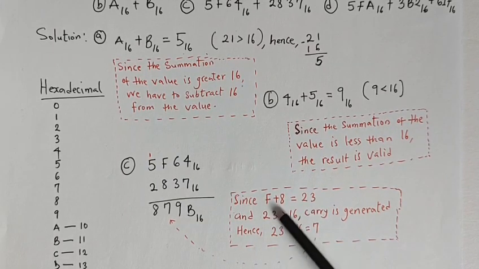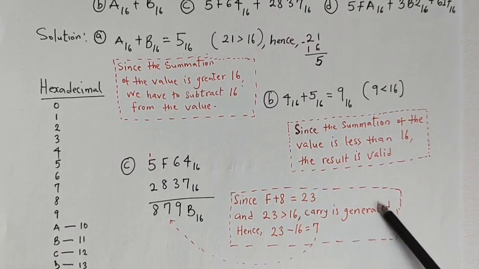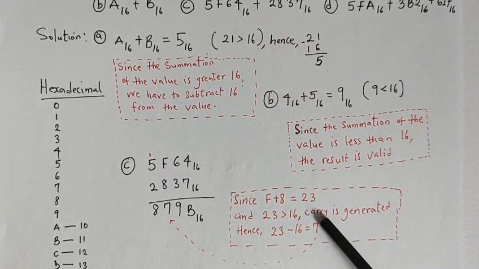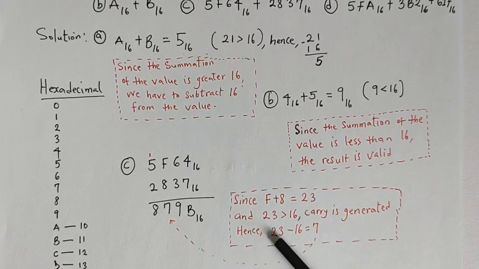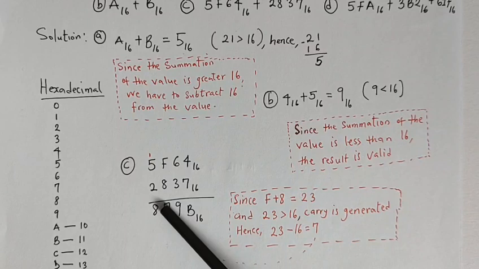Since 23 is greater than 16, a carry is going to be generated. So we subtract 16 from 23, and that will give us 7. This is how we got the value at this point to be 7.